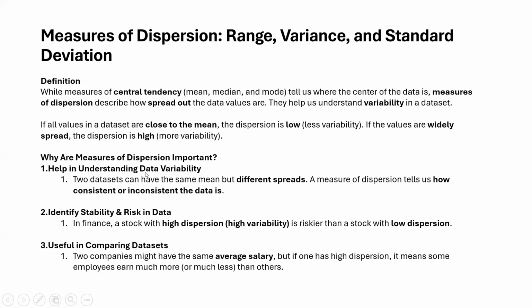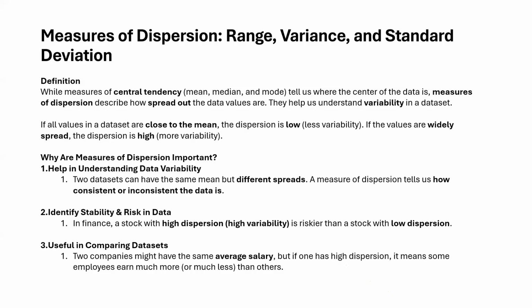So why are measures of dispersion important? As we discussed, it helps us understand the data variability. Two data sets can have the same mean but different spreads. So just on the basis of the mean, we cannot decide that two data sets are similar.